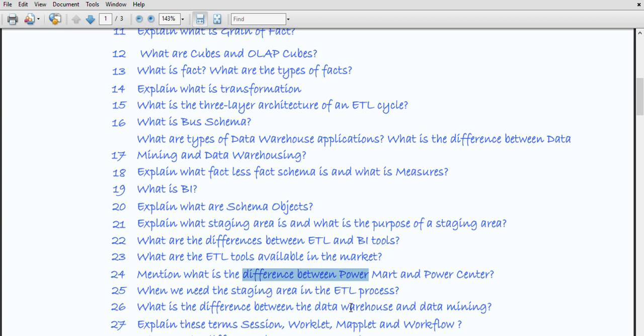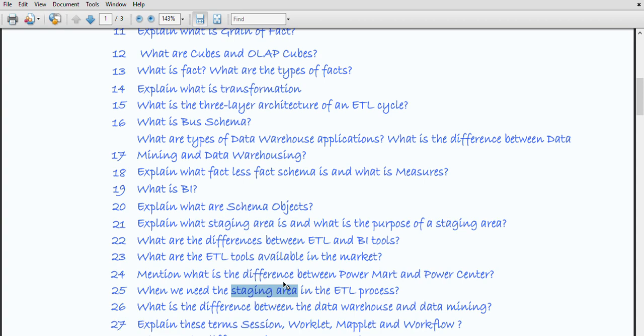Then the next is why we need the staging area in ETL processing. Basically, the staging area is a central area which is available between the data source and the data warehouse. It is the place where data is stored temporarily, which is the basic concept.